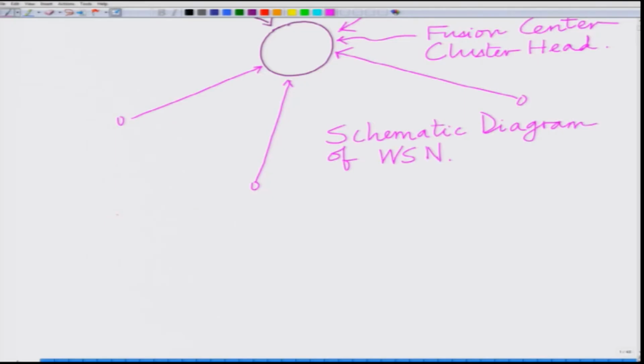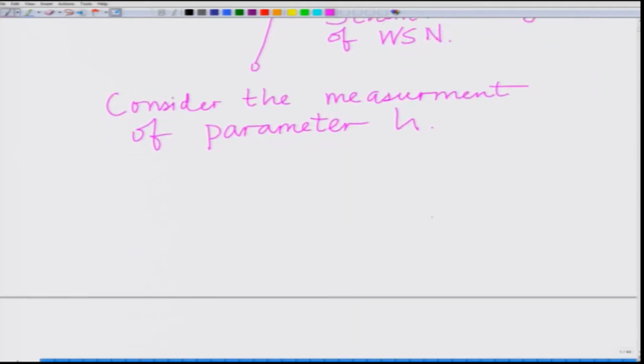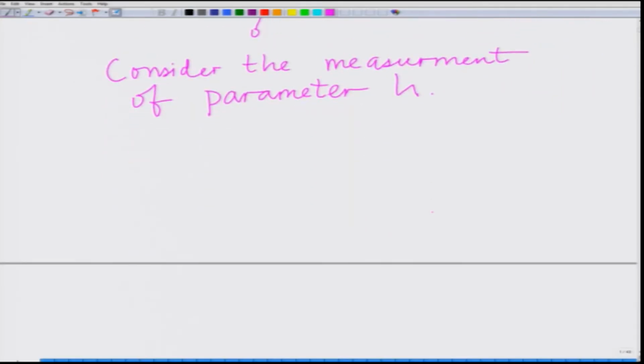So, consider the measurement of a parameter. This parameter we are going to denote by h. This parameter can be anything.